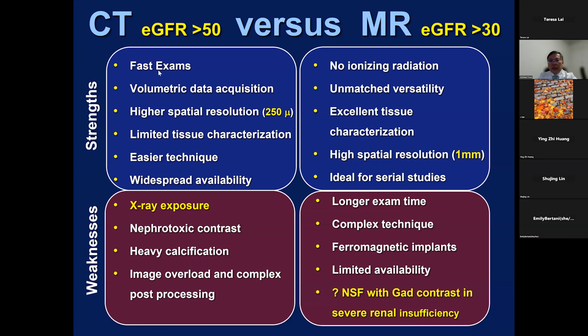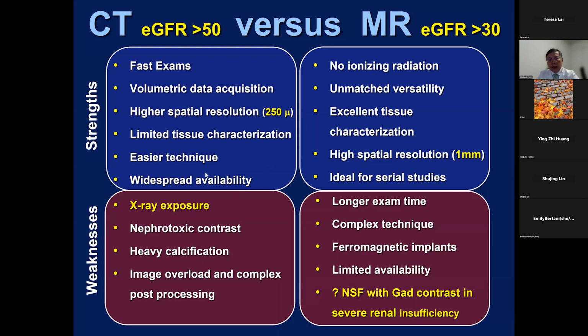So CT is fast, with very high spatial resolution. Other than catheterization, nothing can beat this kind of spatial resolution. 250 microns is the distance apart of two objects that CTA can tell apart. With MRI, the best you can do is 1 millimeter, so it's almost a quarter of the resolution compared to CT.